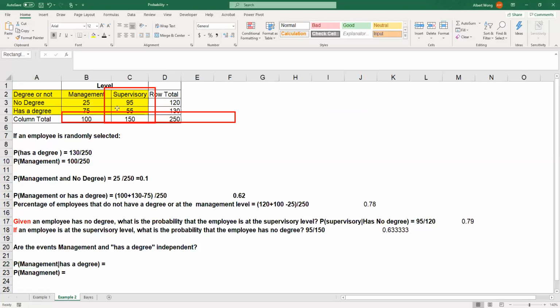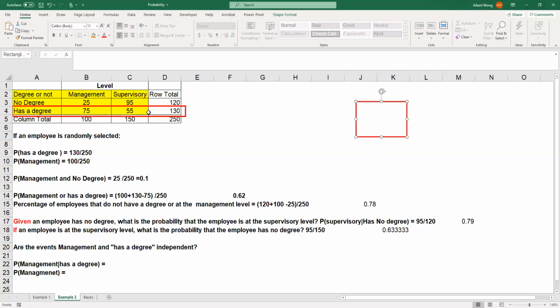Well, given the employee has a degree, we're looking at these 130 employees who have a degree. Out of that, how many of them are in management level? 75. So this probability is equal to 75 divided by 130.